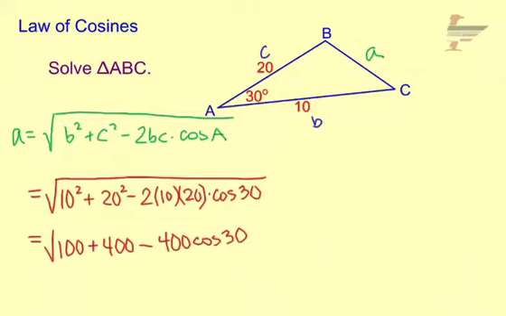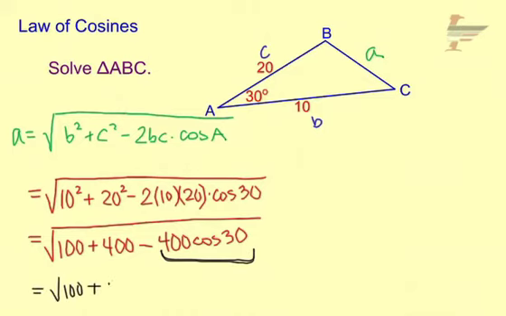cosine of 30. One thing to be careful on, a mistake I see a lot, is we want to make sure that we get one number right here. So we have 100 plus 400 minus whatever 400 times the cosine of 30 is. When we do that math, we get 346.4.